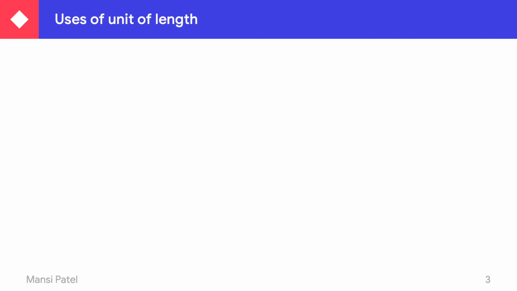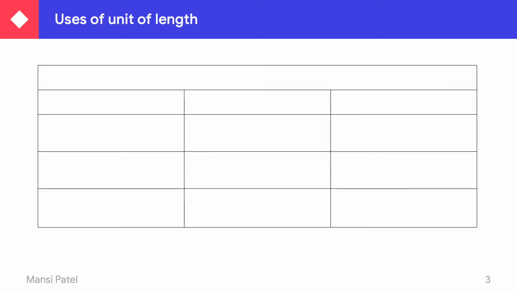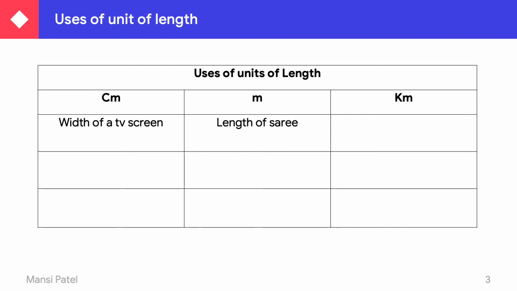Let us see uses of units of length. There are 3 different units, and where we can use these different units. Let us see first centimeter, meter and kilometer. If we want to measure the length and width of a TV screen, then we can use the centimeter unit. To measure the length of a sari, we can use meter.